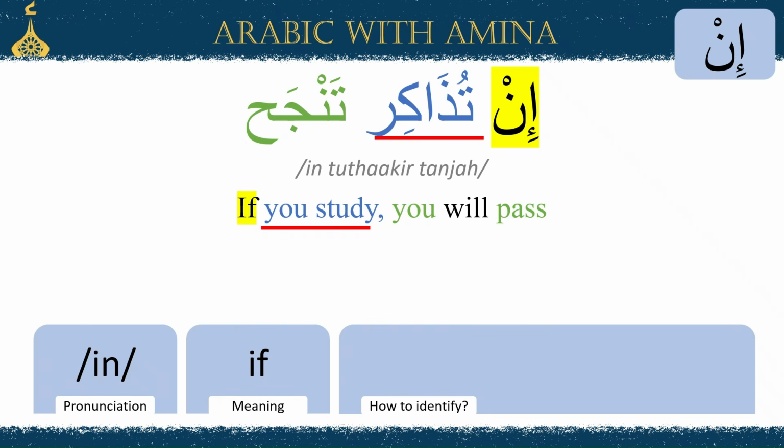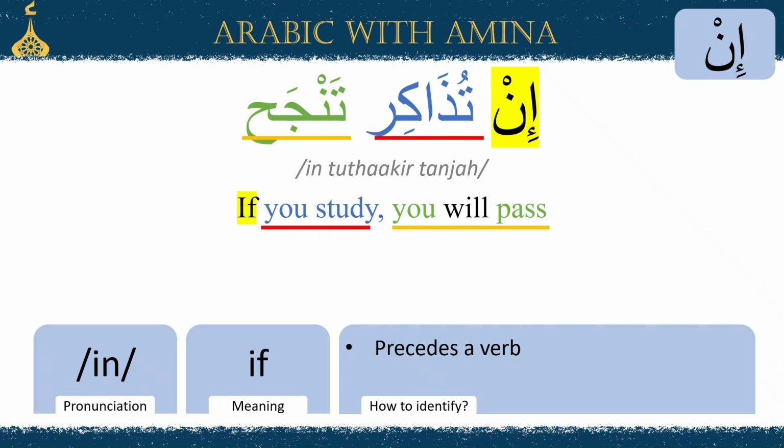So even though it does precede a verb, when using in, there will actually be two verbs after it to fulfill the components of a conditional sentence. So if you study, that's an incomplete sentence, and we need an answer to what if.